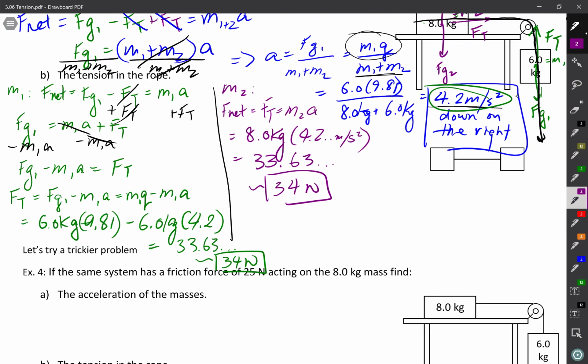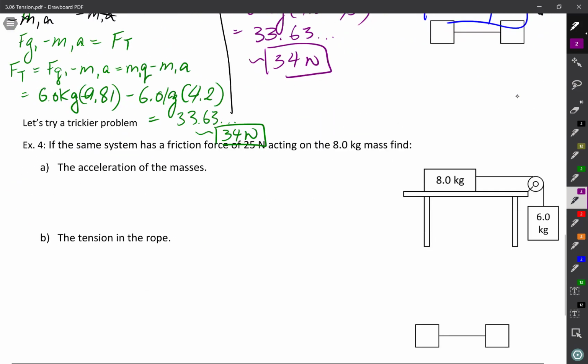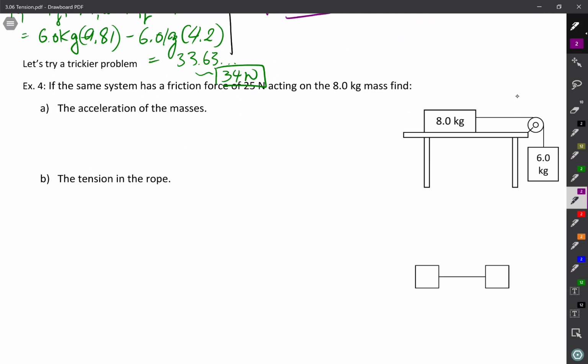Okay, so at this point, we're on question 4, and the only difference here is we have a friction force. Again, I think you should give example 4 a try. At the very least, if you think you're going to struggle with drawing the free body diagram, watch me draw it, then try out the problem.